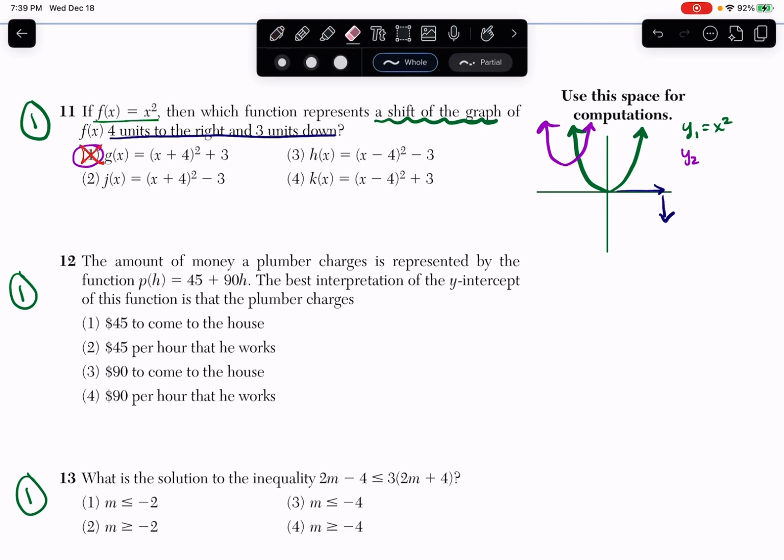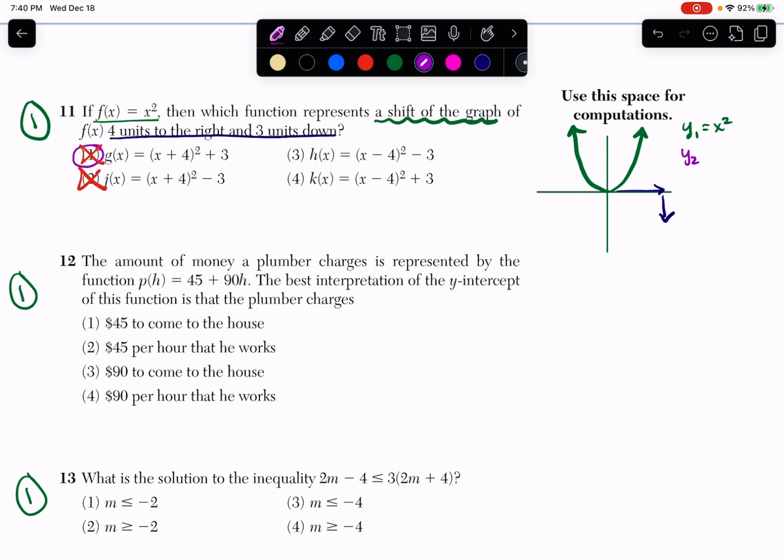So I'm going to eliminate that. Now let's try j of x. X plus 4 minus 3. Type that into y2, go back, and I see that it's like down here. So that's also not where I wanted to go. I want to go to the right, and it keeps sending it to the left.